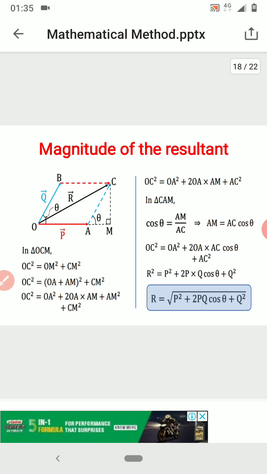So let us find out the expression for the resultant. So check here.